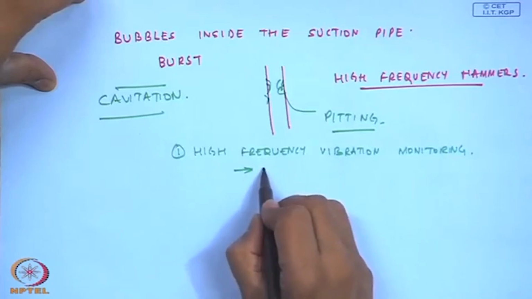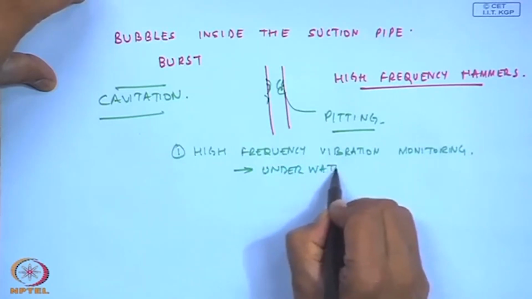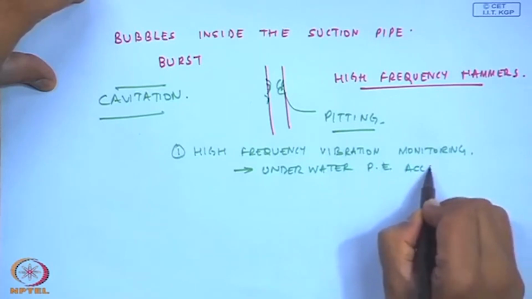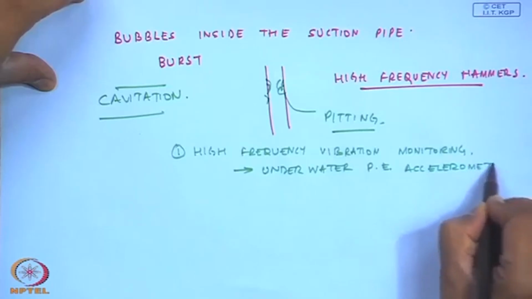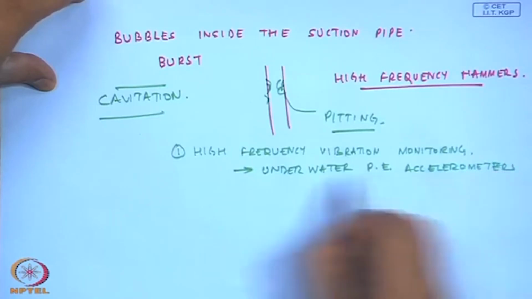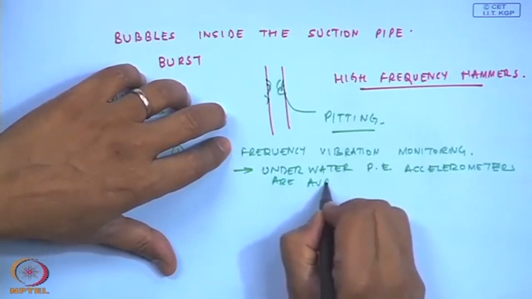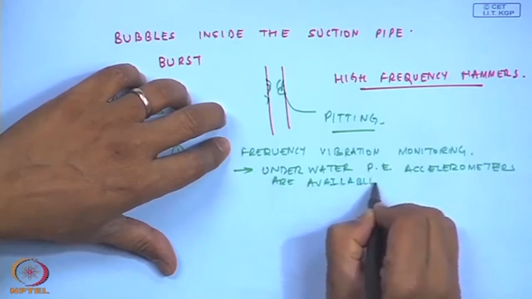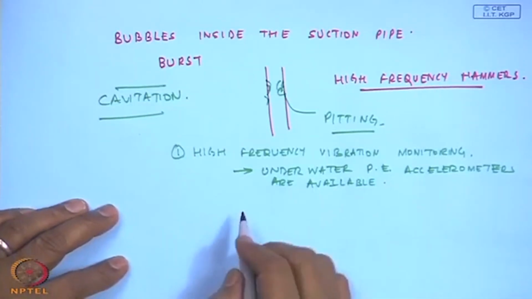Nowadays, underwater piezoelectric accelerometers are available, and these can be put on the pipeline.